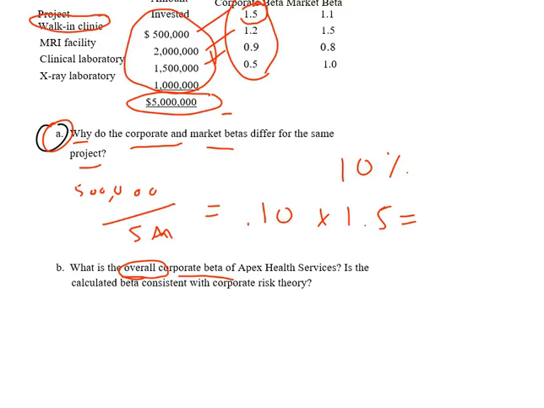I'm going to get 0.15. What you're going to do now is go through each one of these and do that same procedure. You know how to do this. It's a weighted average, and then you add them all up, and ta-da! You're going to be able to calculate your corporate beta.